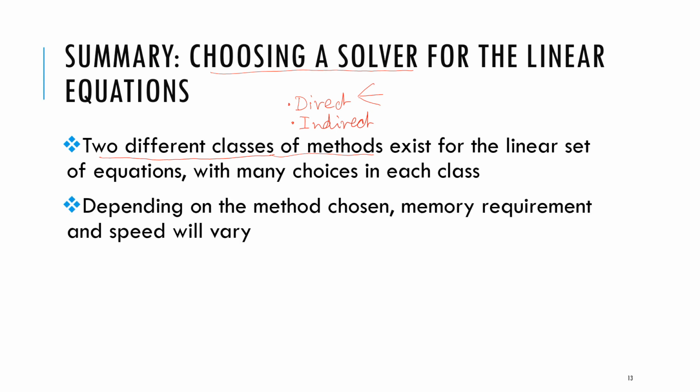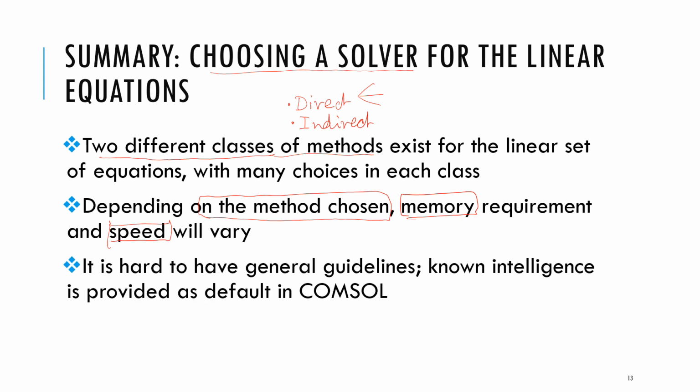Depending on the method that we choose, the memory requirement and speed is going to vary. It's important to know that there are very few general guidelines. Whatever is generally known is built into COMSOL as default, or any other software that we are using.